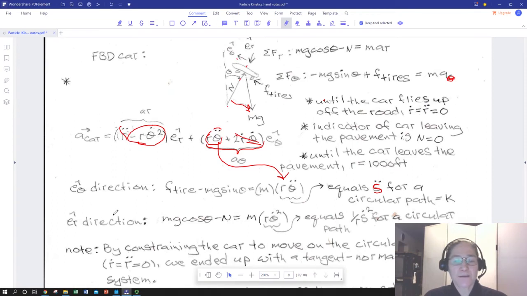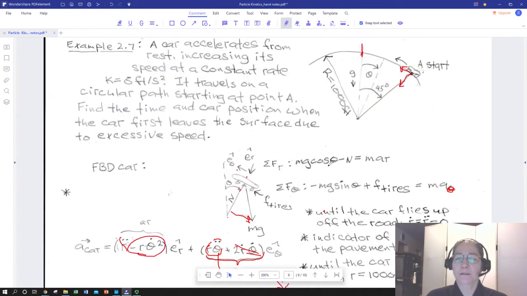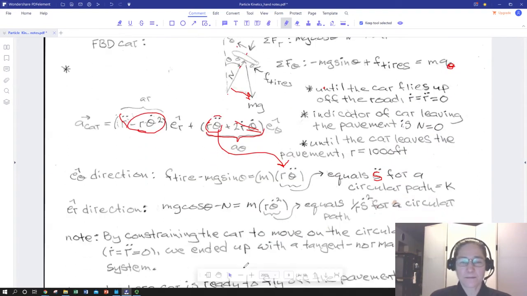Okay, so having said that, we can turn our attention to the normal direction. We're going to relate this acceleration times the mass to our force expression. And so we end up with m times r theta dot squared, and reminding myself that this is equal to 1 over r s dot squared for a circular path, minus n.